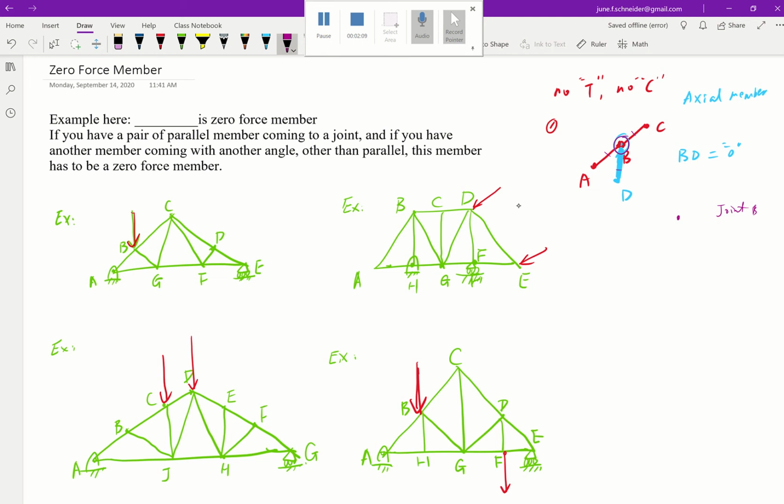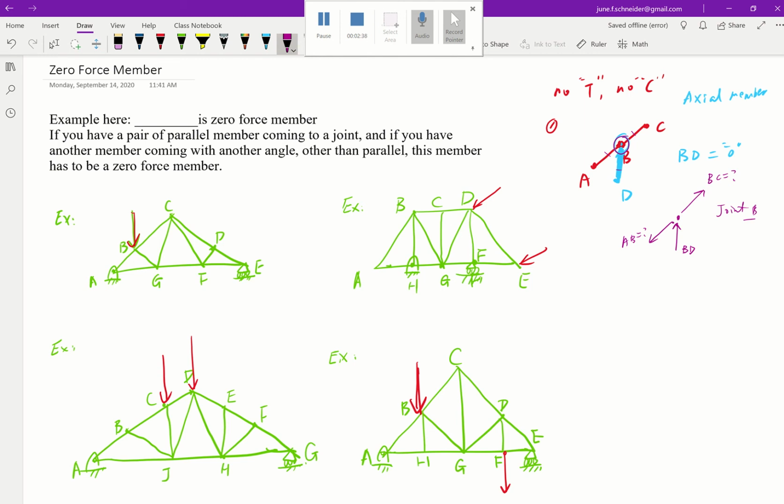If we assume BC is pulling in that direction and AB is pulling in that direction, and axial member BD is pushing in there, those are the three forces acting on joint B, and they have to balance each other, right?